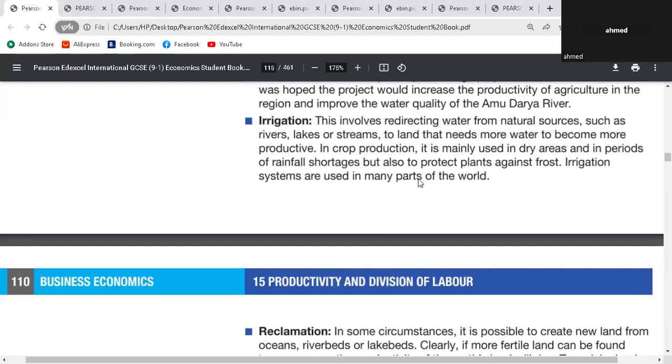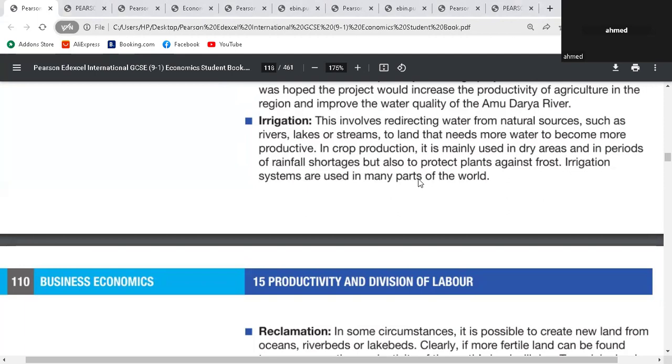The third one, irrigation. When we talk about irrigation, we're talking about lands without a water system, lands without water, like the deserts. Clear.